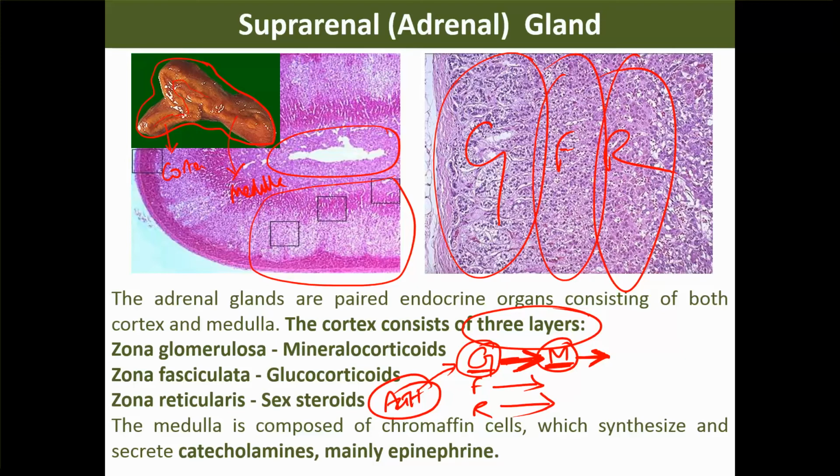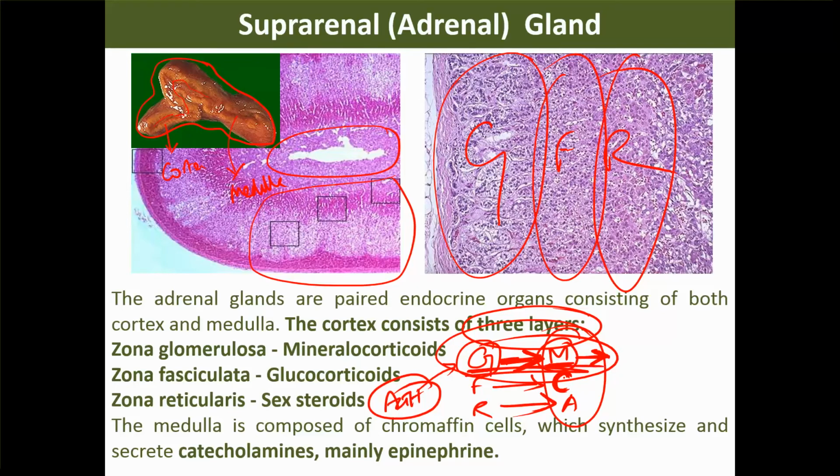Now fasciculata secretes cortisol, which are called glucocorticoids, and reticularis secretes testosterone, androgen sex steroids. If you remember one, you can automatically remember the other things. I felt this is the best way to remember these things.